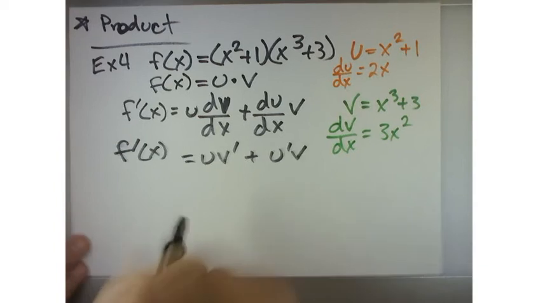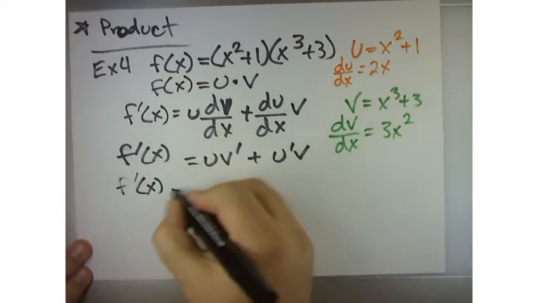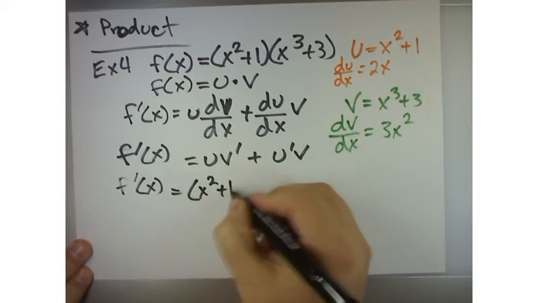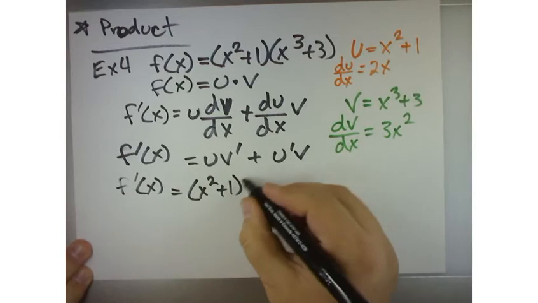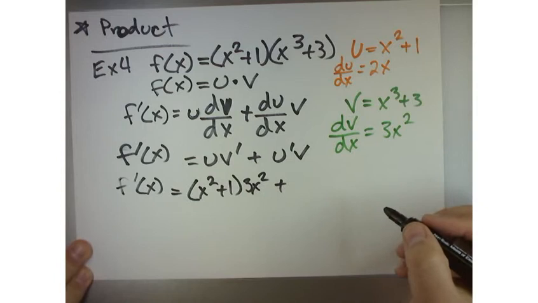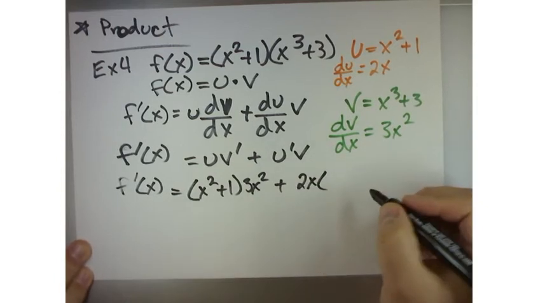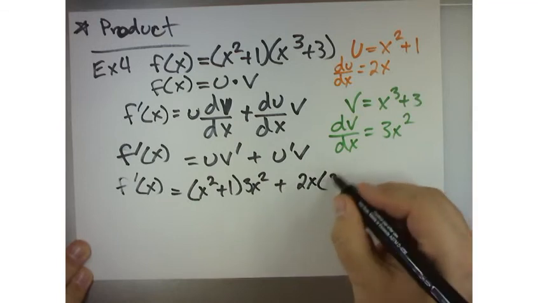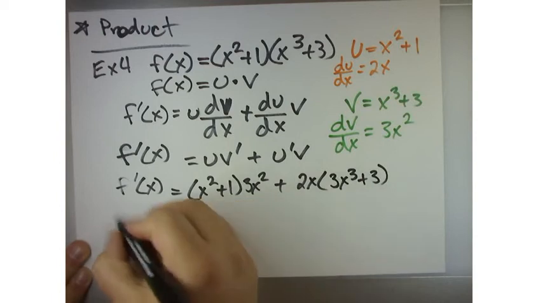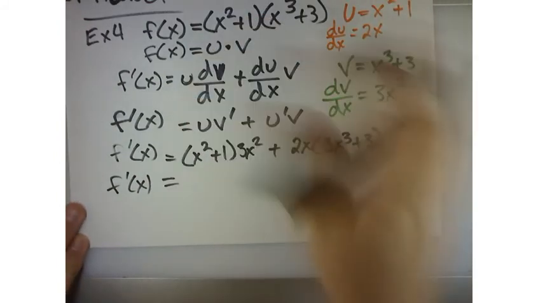So now to find f prime, I'm just going to plug in u, which is the quantity x squared plus 1, times v prime, which is 3x squared, plus u prime, which is 2x, times the quantity v, which is 3x cubed plus 3. Now, I've got to do some expansion, but it is quicker than multiplying this whole thing out and then taking the derivative.